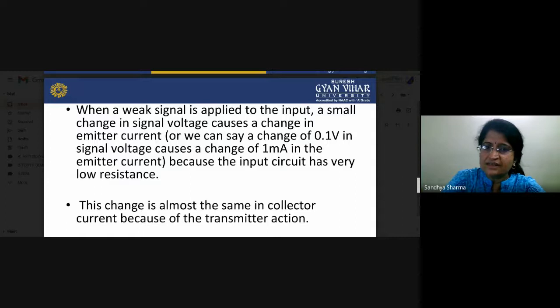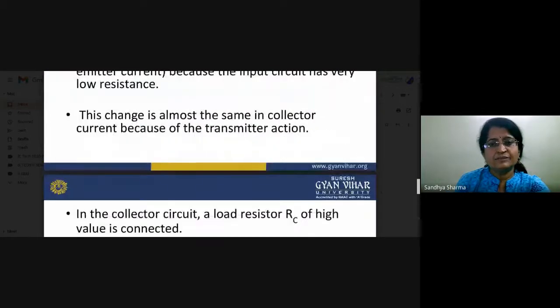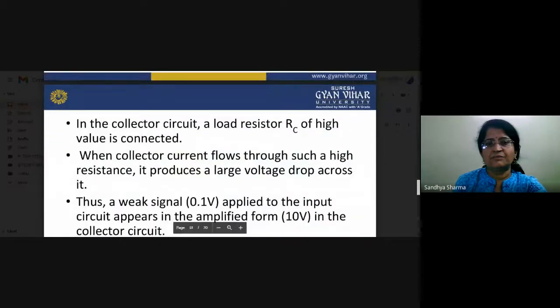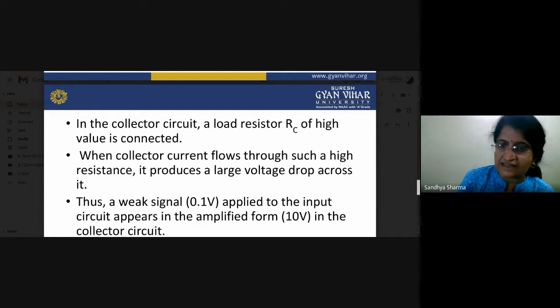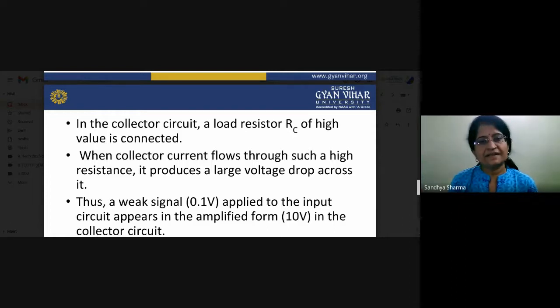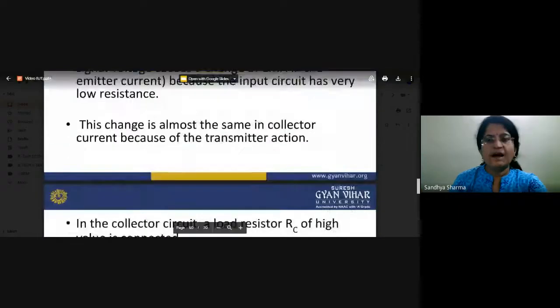Because there is a large change in your collector current and the load resistance has a very high value, the voltage change will be very high. A 0.1 volt change in the input signal will be amplified to 10 volts in the collector. So this is a very large amplification factor.